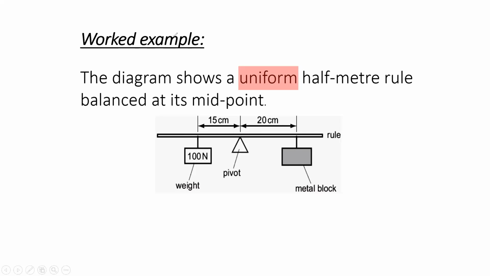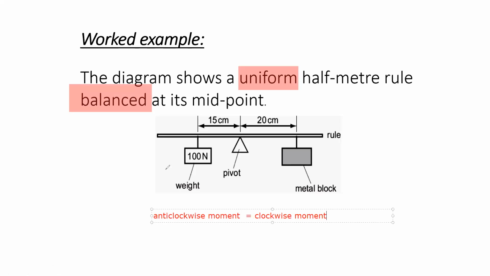So when they say it is balanced, whenever an object is balanced or in equilibrium, the anti-clockwise moment is equal to the clockwise moment. This is possible when the object is balanced or in equilibrium.